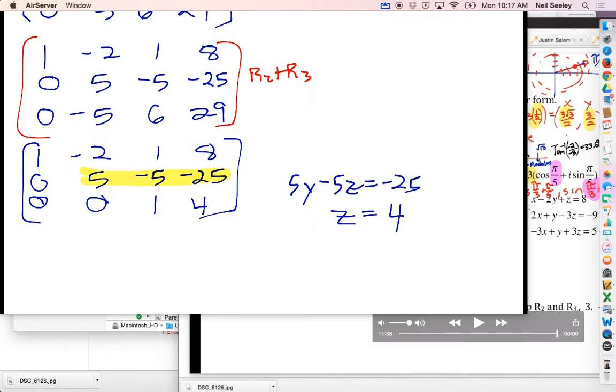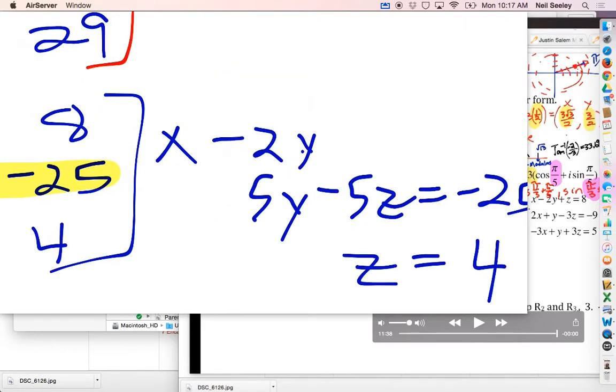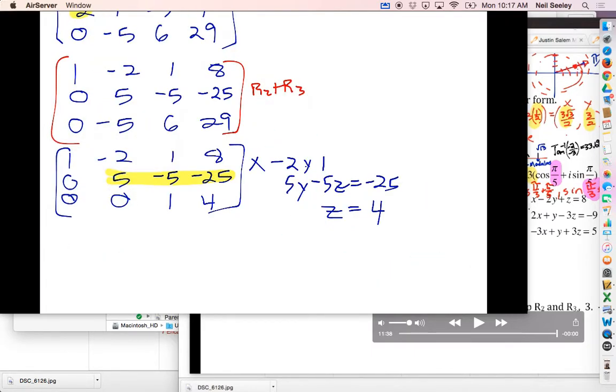Beautiful. And then we're dealing with x minus 2y plus 1z equals 8. It is now a plug the z in for 4. 5y minus 20. So I'm going to add 20 to the other side. It's actually going to be negative 5. I believe y is going to be negative 1.